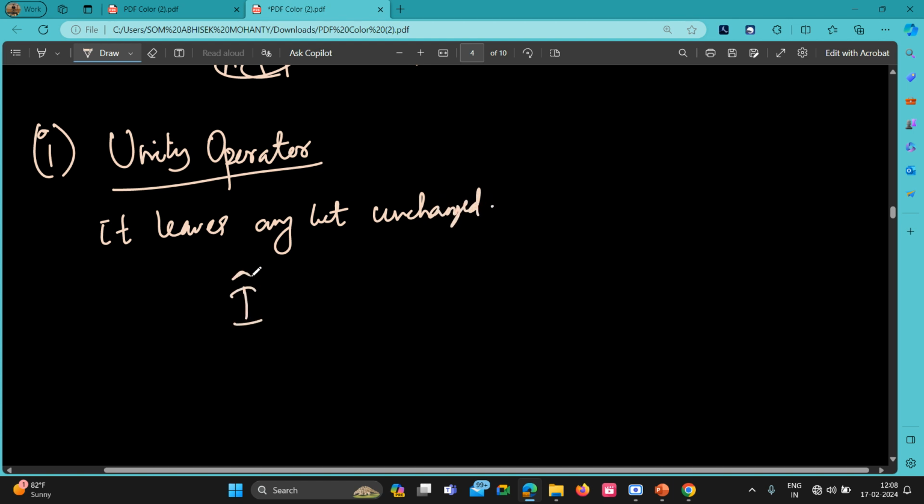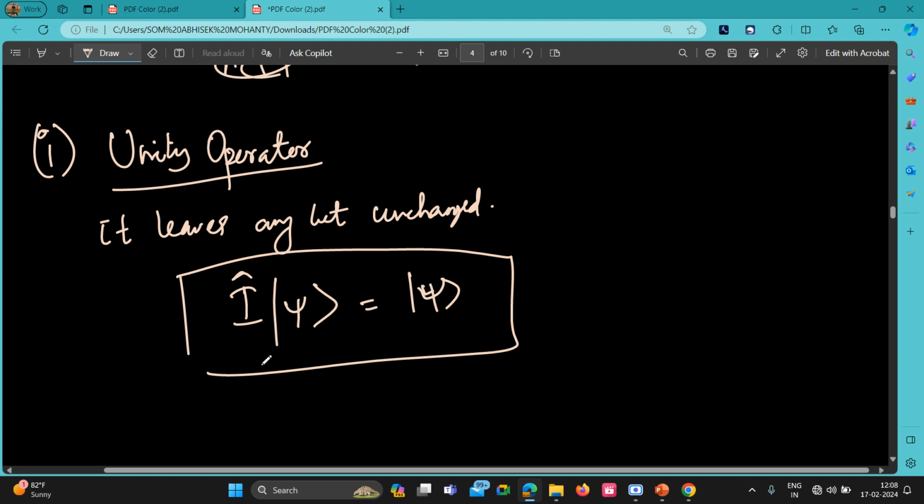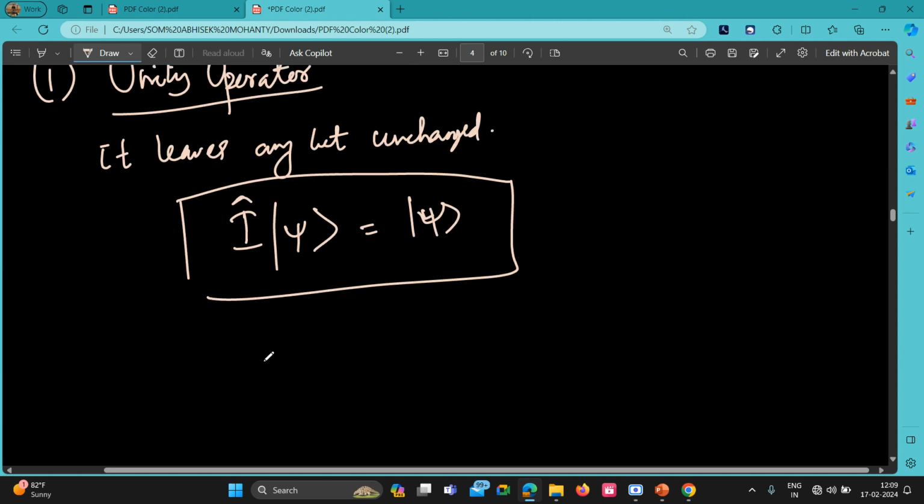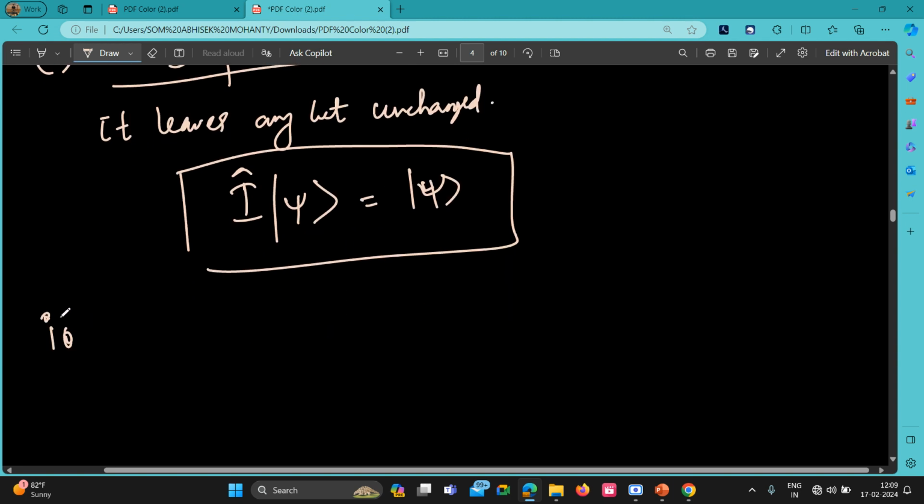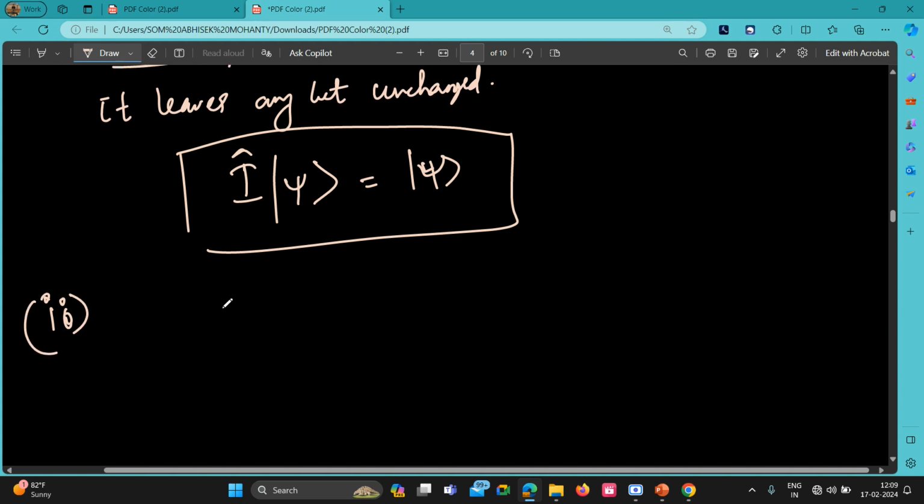That means, for example, a unity operator acting on the psi vector will give psi only. There will be no change in the value of psi. It won't change. Okay, and then the gradient operator. What is the gradient operator?